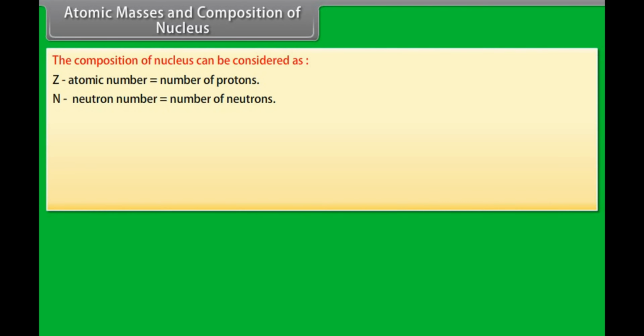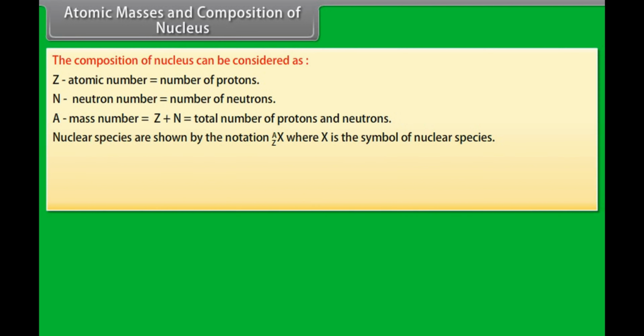Let N be the neutron number, which is equal to the number of neutrons. Let A be the mass number, which is equal to Z plus N, the total number of protons and neutrons. Nuclear species are shown by the notation, where X is the symbol of the nuclear species.